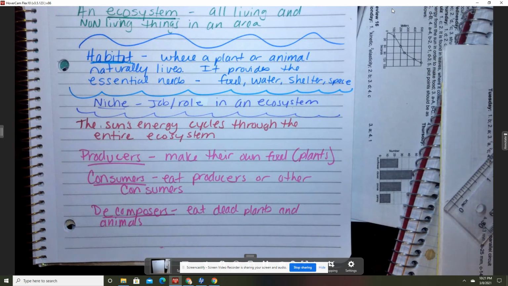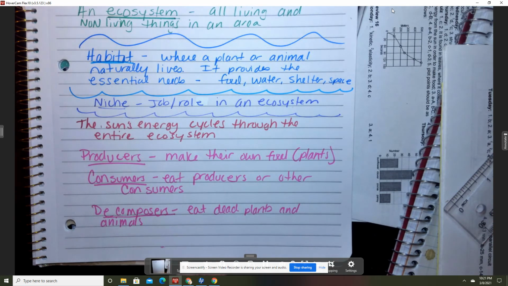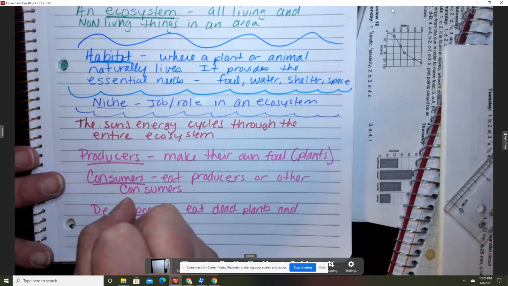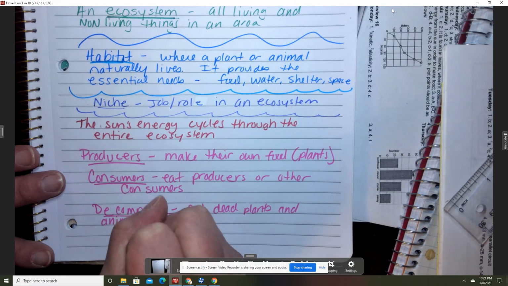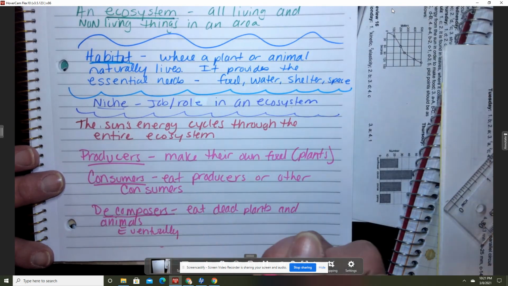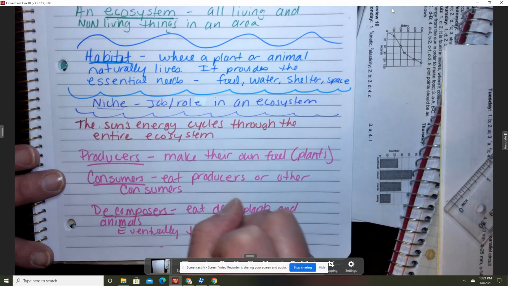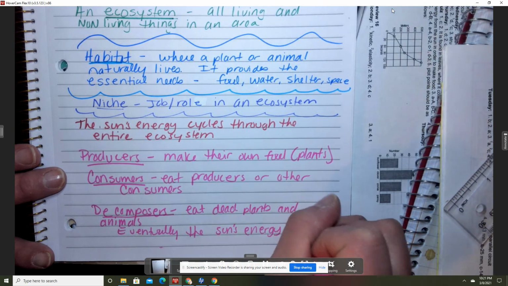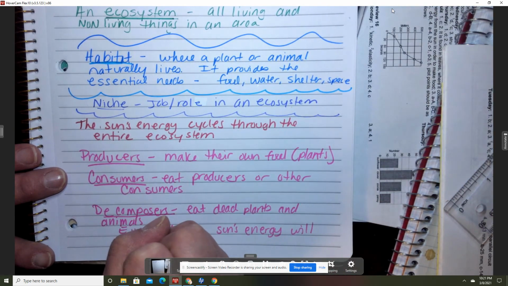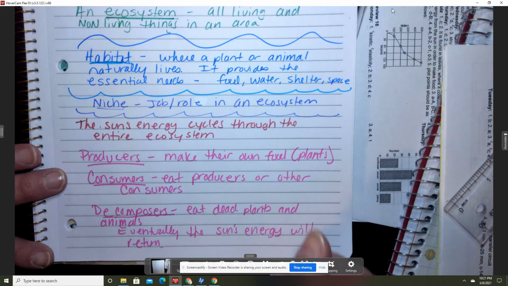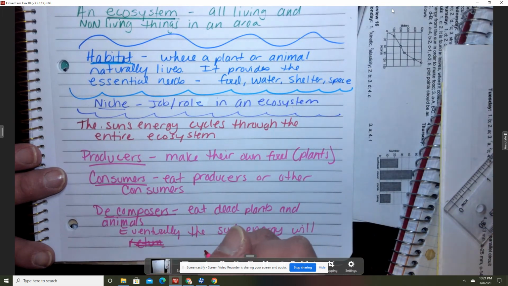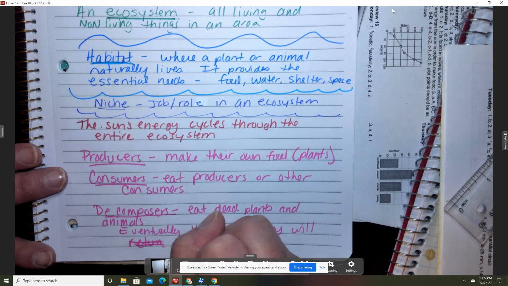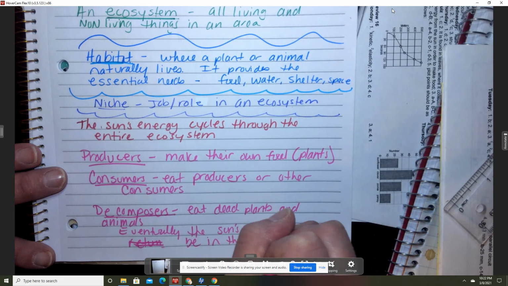So it does the cycle, right? Eventually, the sun's energy will, well, I guess not return, but it will be in the soil.